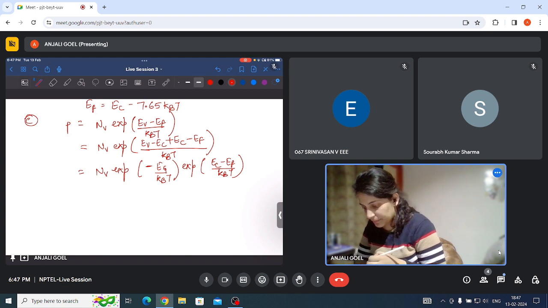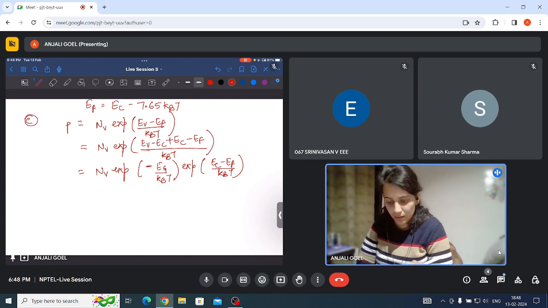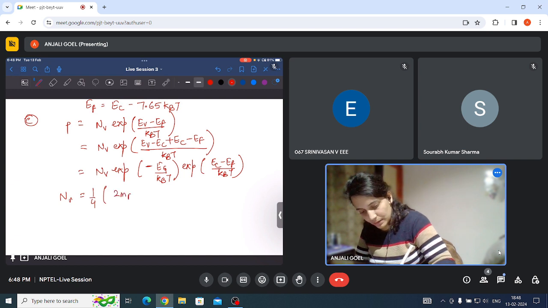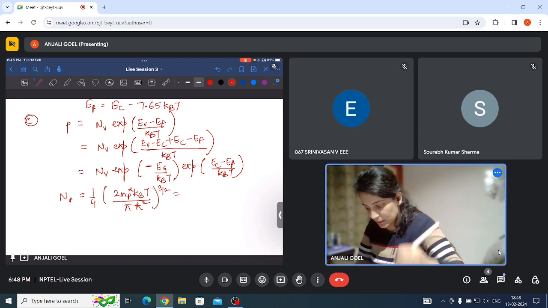So now using the DOS statements as well, NV is equals to 1 by 4 times a factor involving the effective mass of holes and Planck's constant.